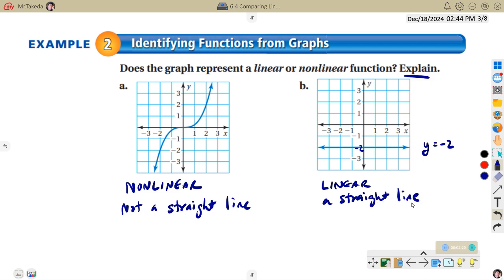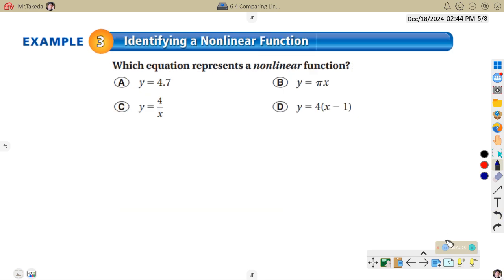Okay, that's super easy. Let's take a look at something more interesting here. Now we're going to look at equations, and we want to know which represents a nonlinear function. So when we look at equations, if we want to know if it's linear, it can be written in the form y equals m times x plus b. We've been dealing with this most of the year, but let's break down what's happening here. x is being multiplied by something.